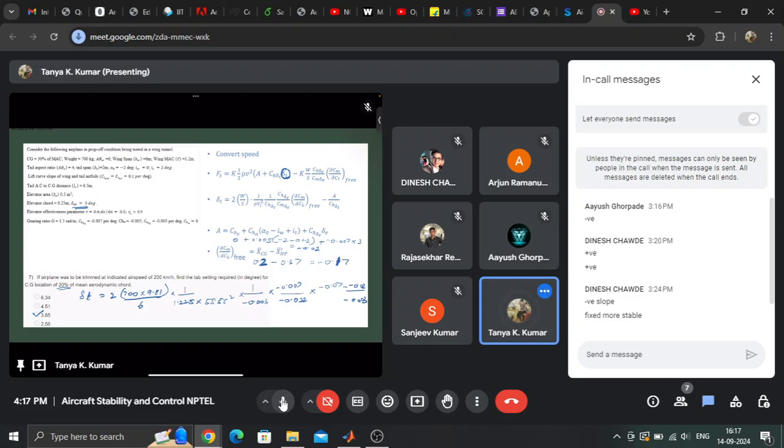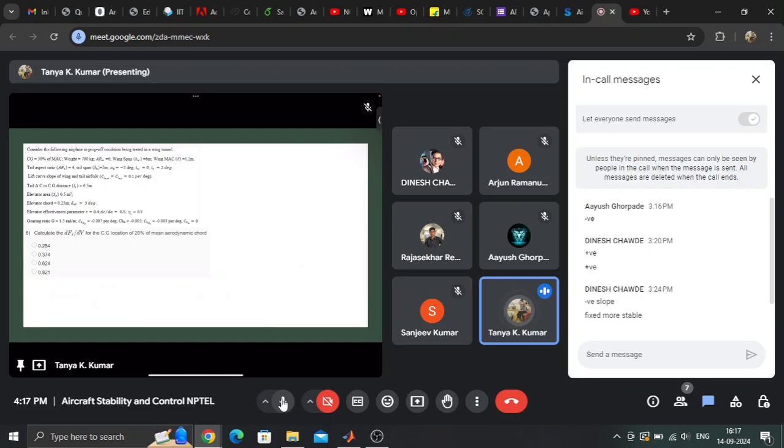So that correction had to be made. How do we proceed with this? dFs by dV, we have the formula. This is the formula where the only unknown is K. You can use the gearing ratio given in the question and find dFs by dV.